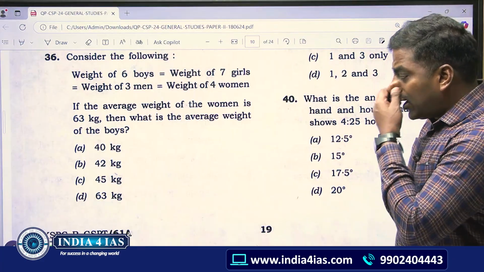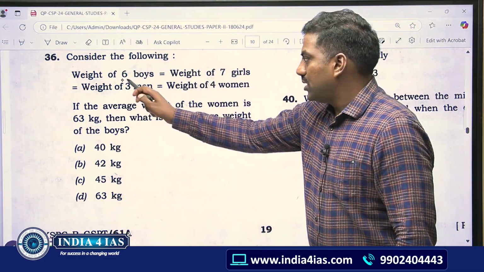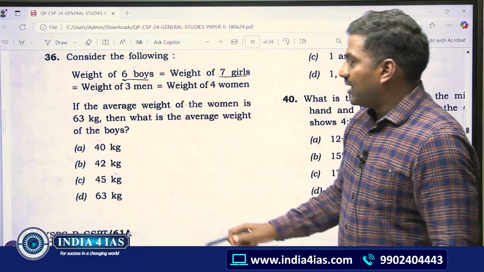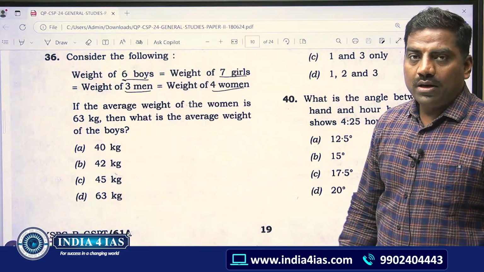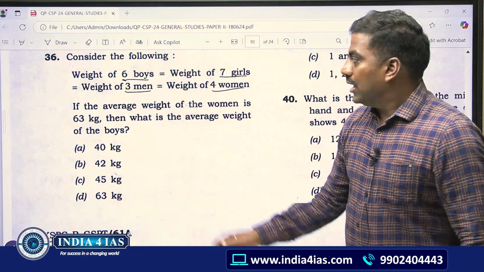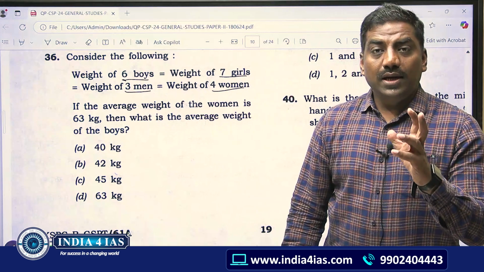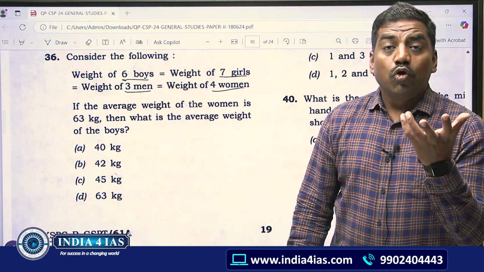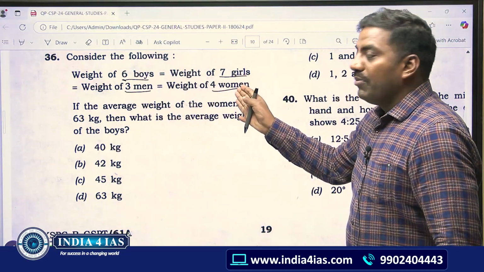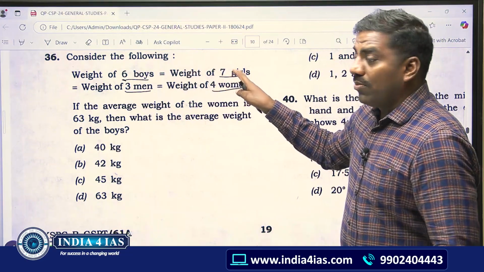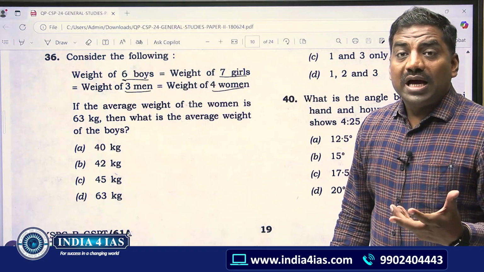36th. Weight of 6 boys is equal to weight of 7 girls, which is equal to weight of 3 men and weight of 4 women. What we have to understand from here? This is a group of boys, girls, men and women. Their group weights are the same, but there are fewer men, a medium number of women, and more girls.